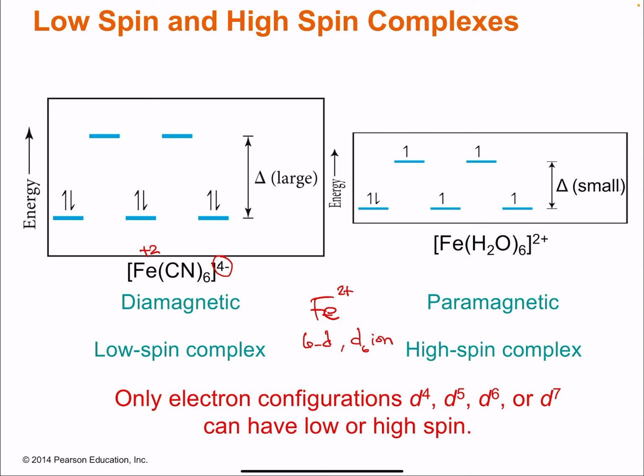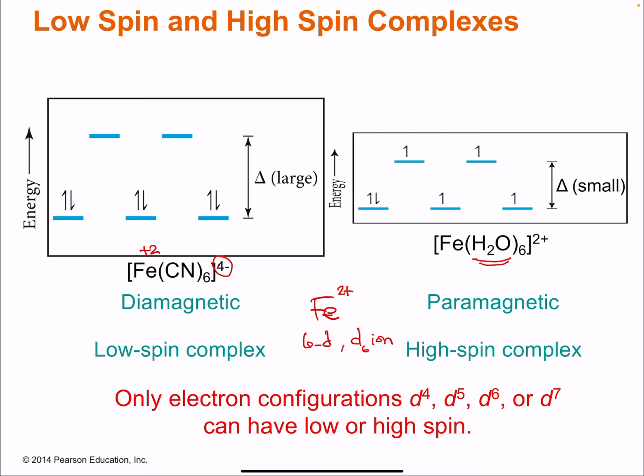And when you have a small splitting, on the right side with water, Fe2+ with water, a weak field ligand, creates a small splitting. So your 6 electrons are filled into the lower level first, then go to the higher level, and then you simply come back to the lower level and pair up.